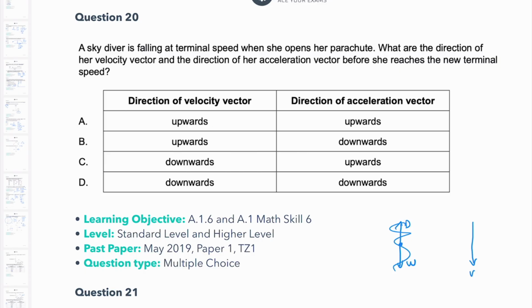But as the parachute opens, her acceleration will no longer be downwards because she decelerates very quickly, which means the force applied by her parachute causes a deceleration and acceleration in the opposite direction, making her slow down. So at that point, the acceleration vector is upwards, velocity vector is downwards, so the answer is 20C.